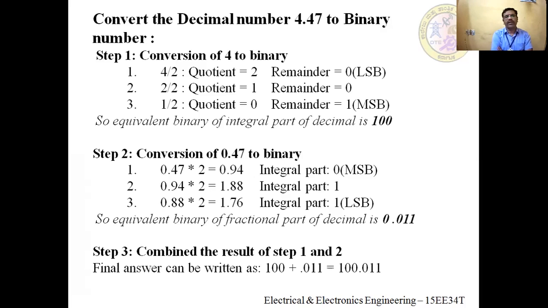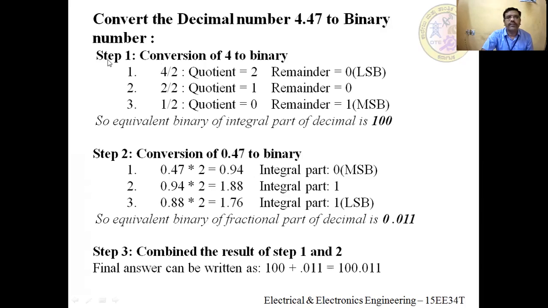For fractional conversion, we have to apply the successive multiplication method. So I'm repeating once again. For converting an integer decimal number, we have to divide the given integer decimal number by 2 successively. For converting the fractional decimal number to fractional binary, you have to multiply the given fractional number with the required base, that is 2.